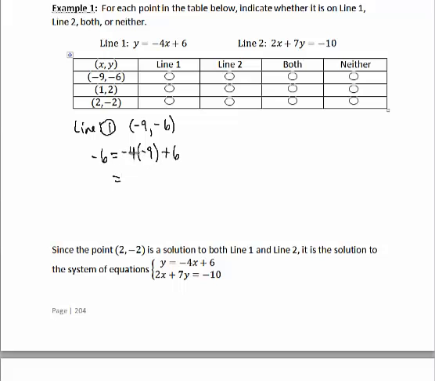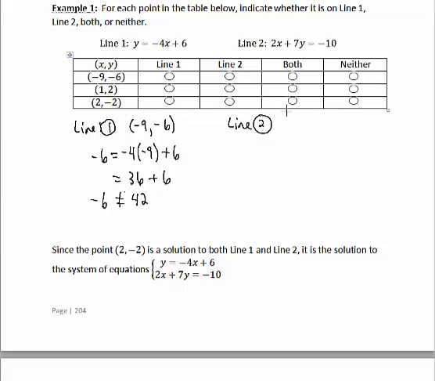We simply want to check the right hand side and make sure it matches the left hand side. We end up with 36 plus 6, a 42. And that does not equal the -6 on the left. And so we can't check line 1 off for this ordered pair, -9, -6.